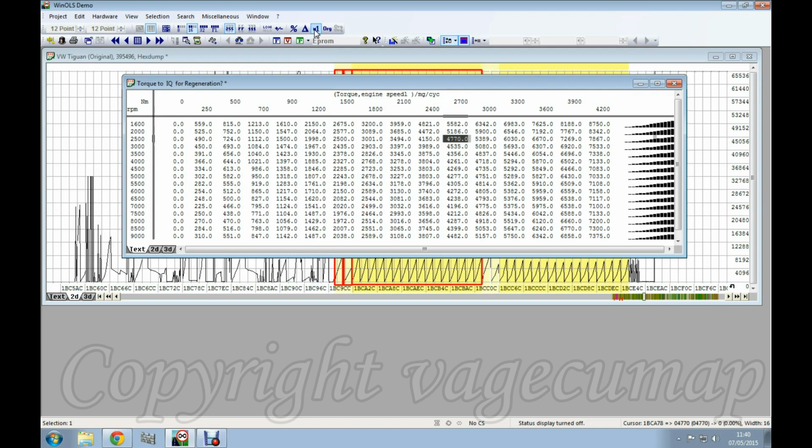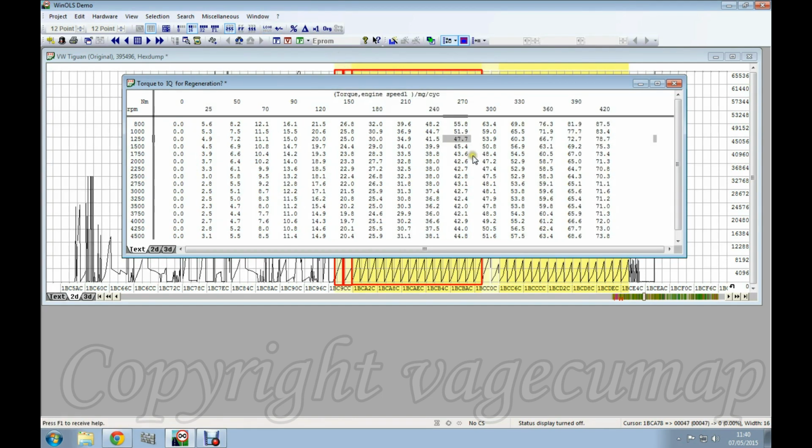Along the top we've got something that could have been engine speed because it's gone up to 4,200, but because this is an EDC17, by the time you put the factor of 0.5 in, that would bring the engine speed down to 2,100, and there are not going to be many files with an all-out maximum speed of the engine of 2,100.